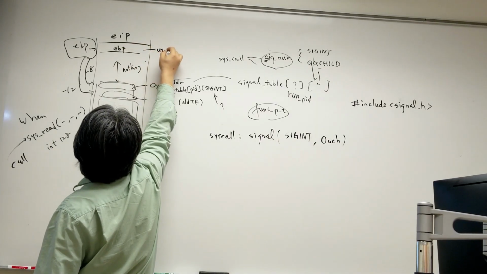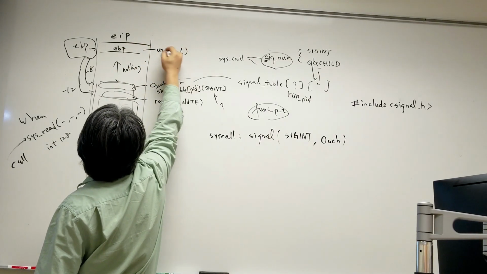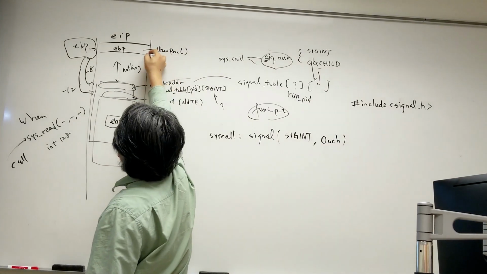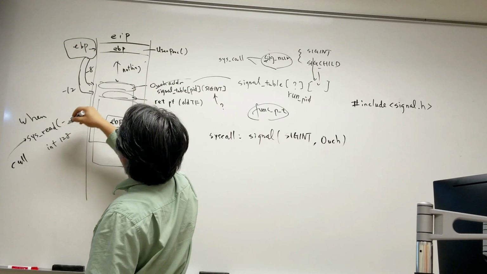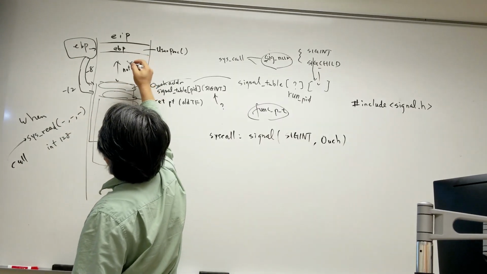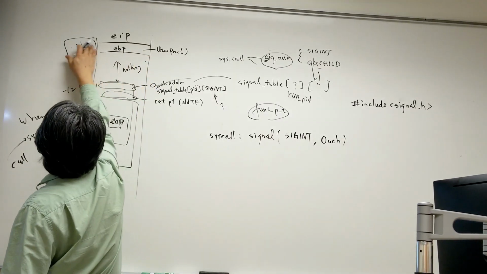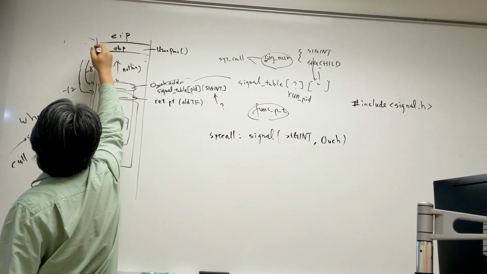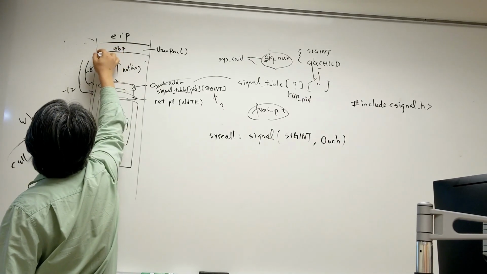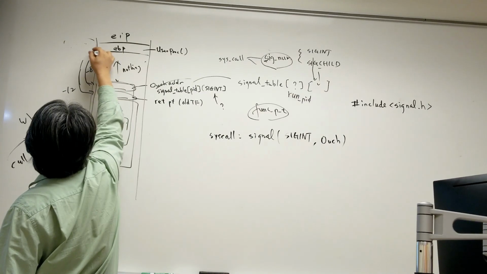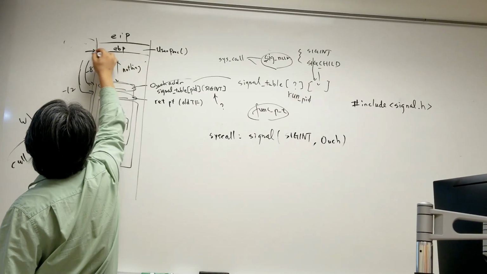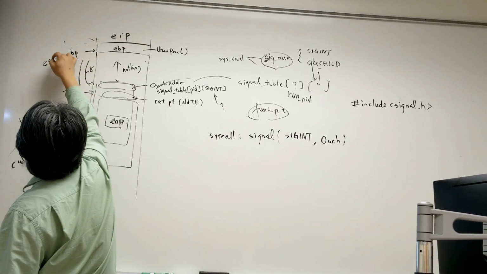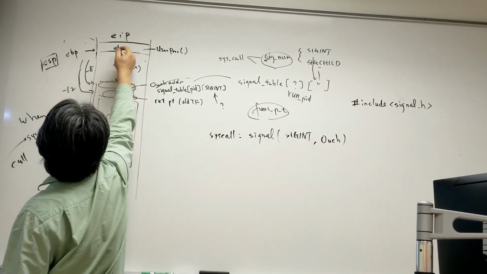When the user proc calls sysread, there will be code to push EBP and then establish the EBP. Push this, and establish the EBP right here. EBP and stack pointer are right now here. That's why we pushed it here.